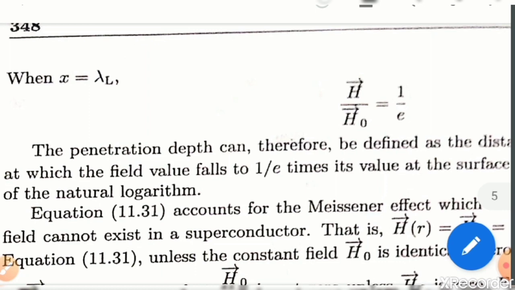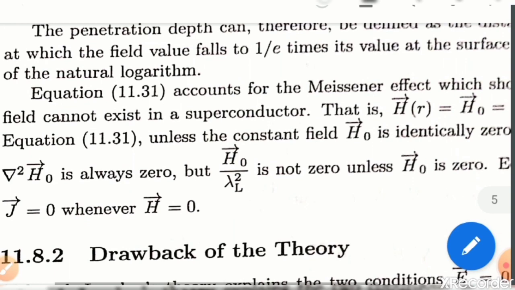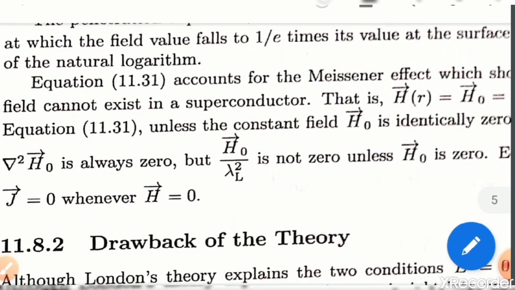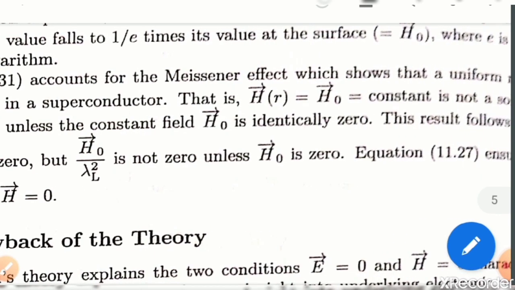Now, from the results of del square H naught equations, we can ensure that del square H naught is always 0, but H naught upon lambda L square is not 0 unless H naught is 0. Equation 11.27 ensures that j equal to 0 whenever H is equal to 0.